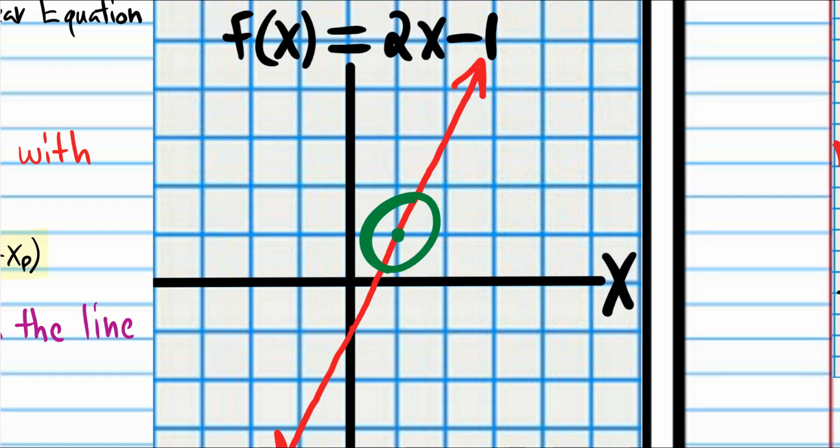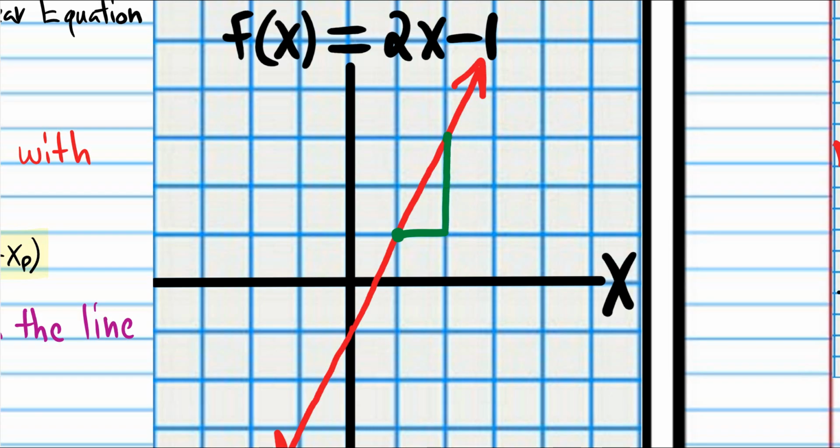Let's choose a point, say here, (1, 1). And let's move a certain distance horizontally. So I'm just going to move out 1 unit horizontally. And then let's see how many units we have to move up to get back to the line.